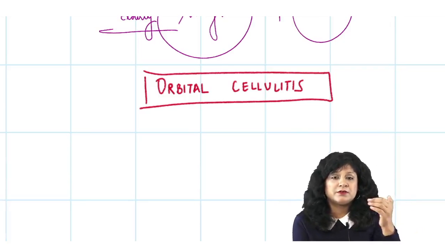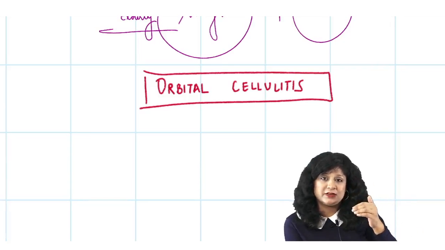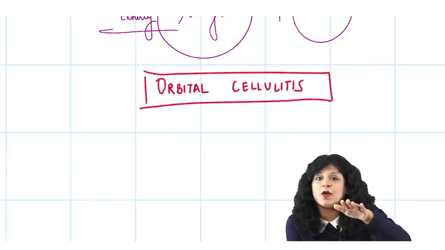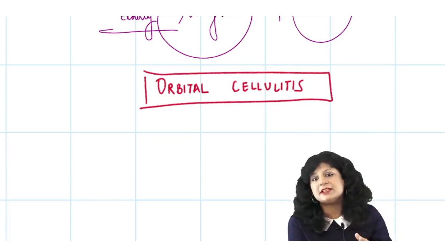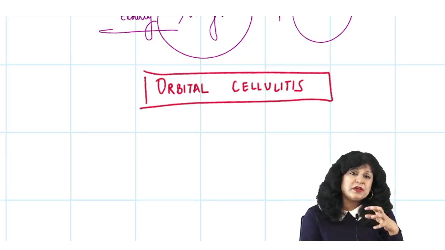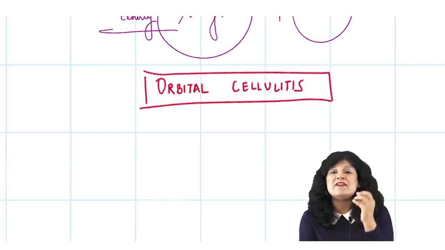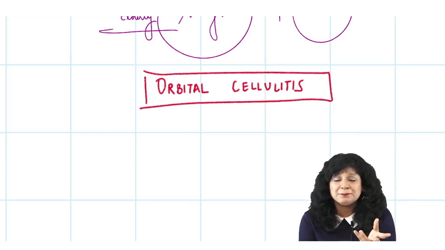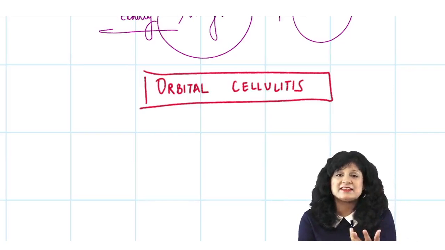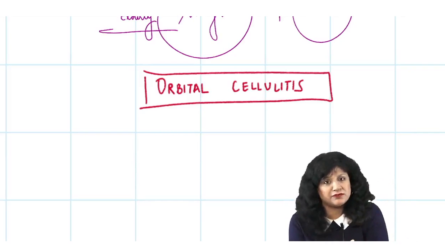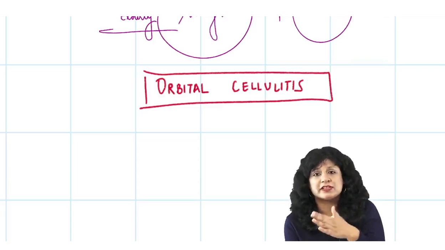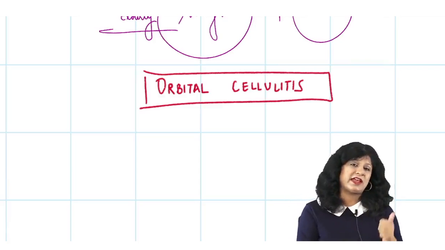Okay, when it is preseptal cellulitis, and when it is going beyond posteriorly, then it is orbital cellulitis, and usually the presentation is very acute, it is severe, it is having redness, it is having purulent inflammation. So it is very closely related to this dacryocystitis.